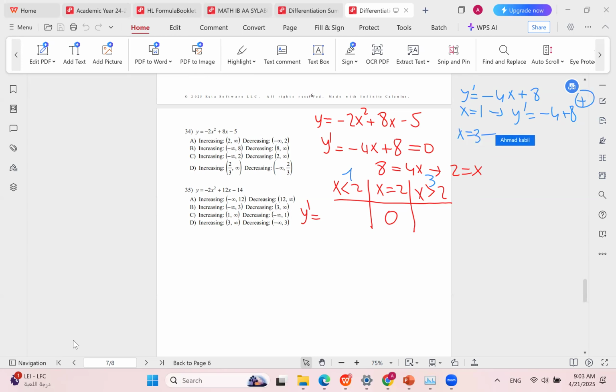For x equals 3, we get y dash equals -12 plus 8, which is negative. So therefore, at 1, the slope is positive, so the function is increasing. At 3, the slope is negative, so the function is decreasing. So it increases from -infinity to 2 and decreases from 2 to infinity. Of course, this just means x greater than 2, and this just means x less than 2.